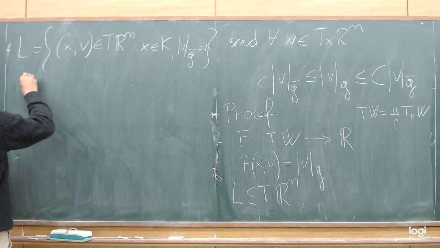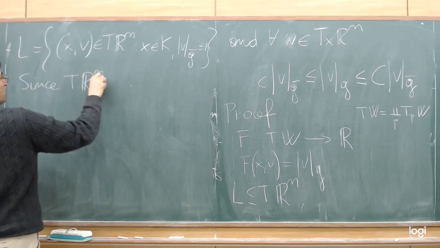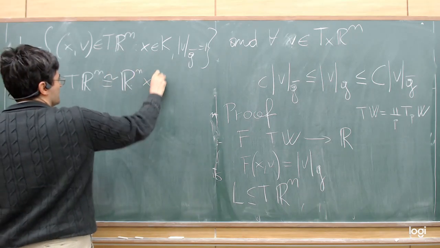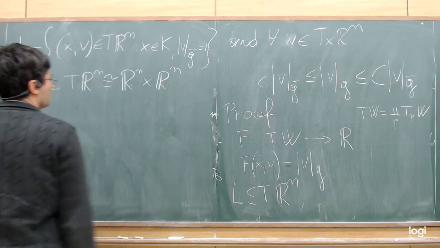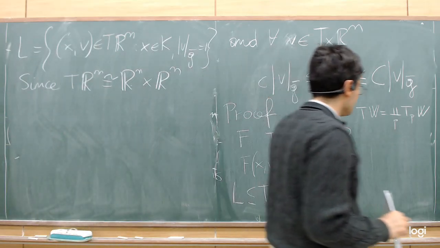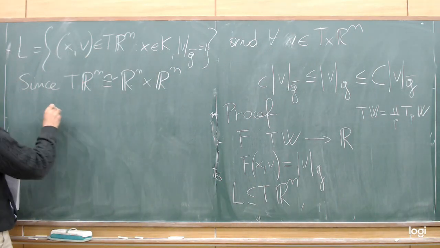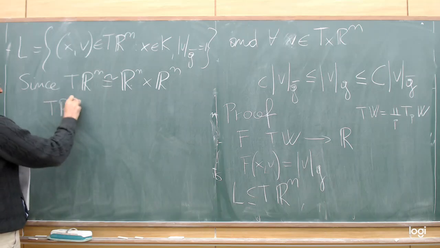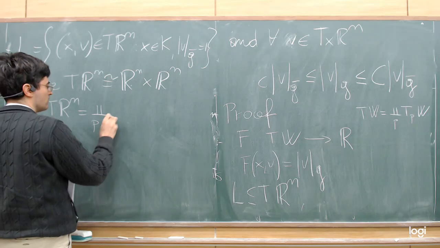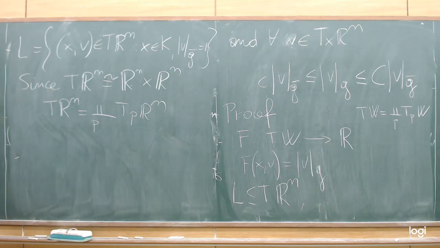Since TR^n can be identified with R^n times R^n, the reason of this is that I told you before that the tangent space is given by this disjoint union.